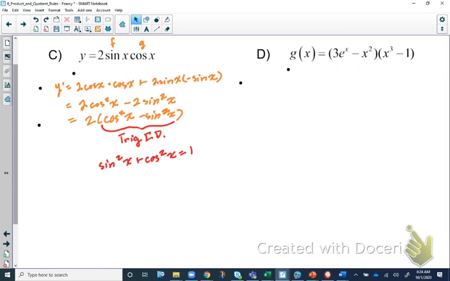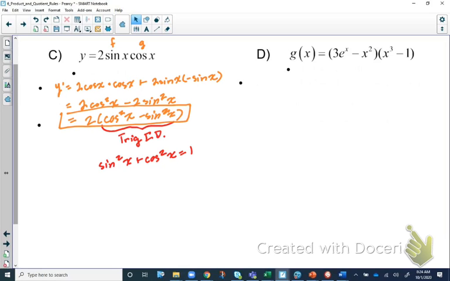And in this case, they don't match as a trig identity. So I'm not going to try to simplify the expression in the parentheses to be a 1. And I'm going to just conclude that this bit here is going to be the derivative.